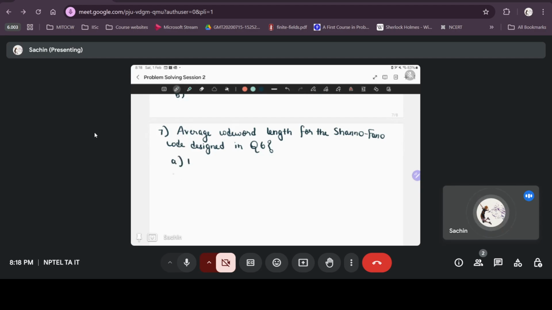Is it 1, 1.5, 2, or 2.5 in terms of symbols from the output alphabet?